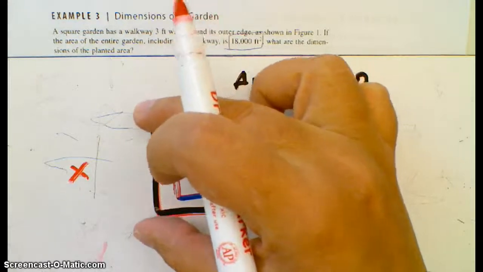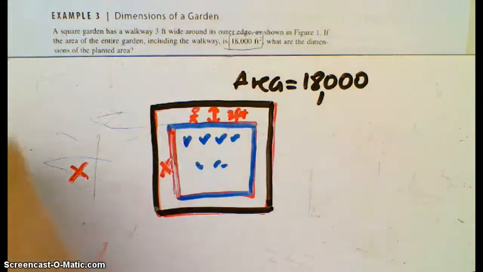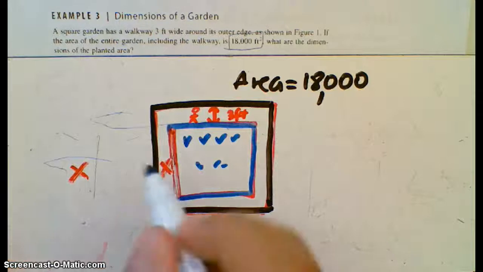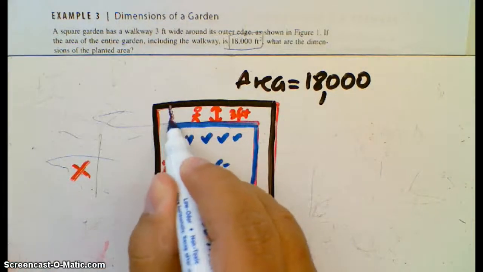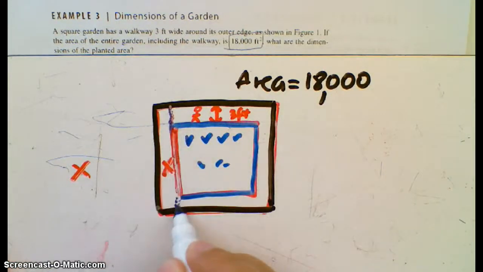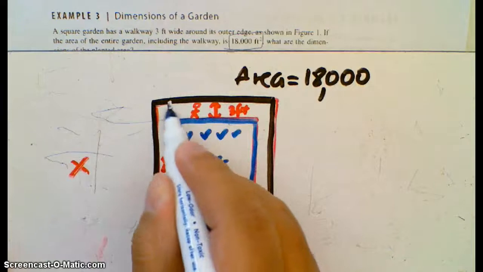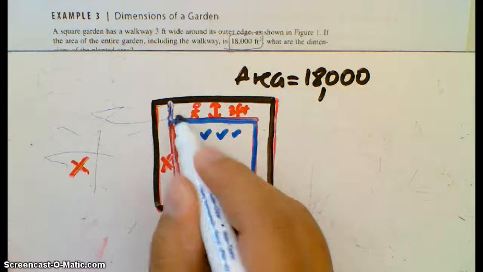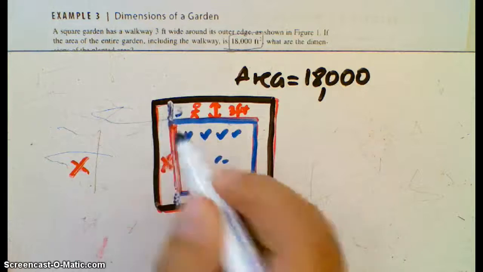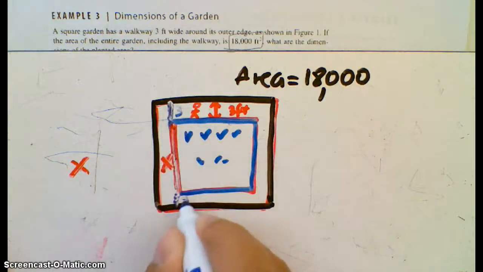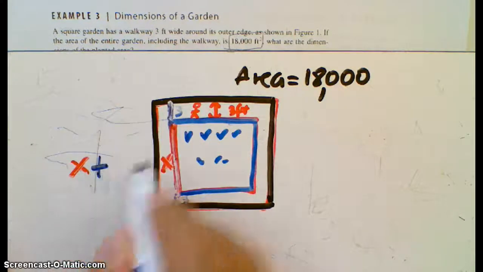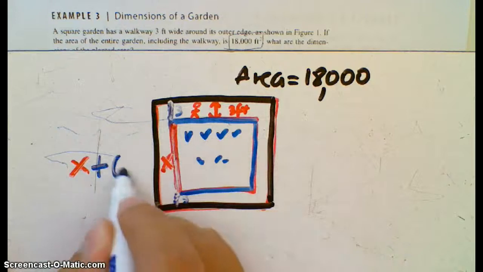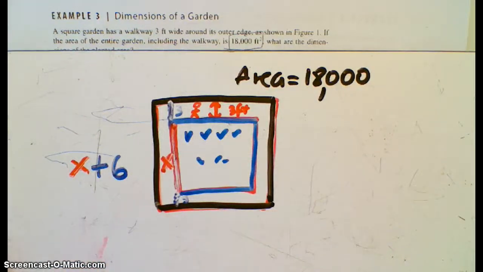How much longer? I know it's longer by this much and this much. So how much is this distance right here? It's just the same as the width of the walkway. So this is 3 and this is 3. So the black side is 6 feet longer than the x side, or this side of my garden.